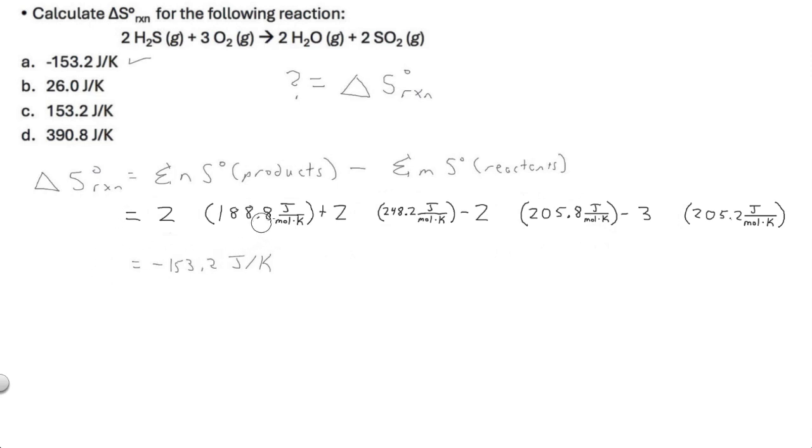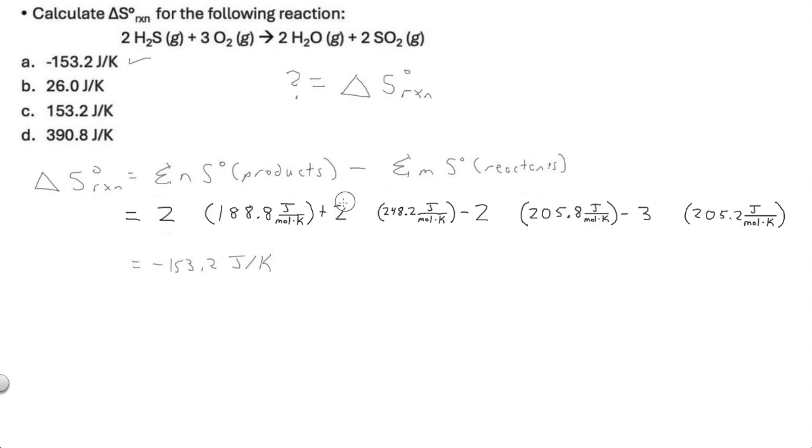Well, if the units for each of these entropy levels is joules per mole per Kelvin, you might have been wondering how come our final result came out in units of just joules per Kelvin. What happened to the per moles? Well, here's the answer to that.